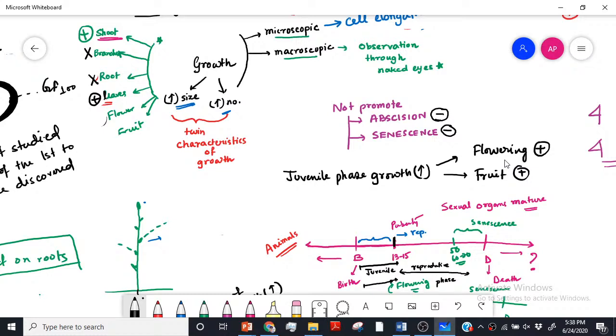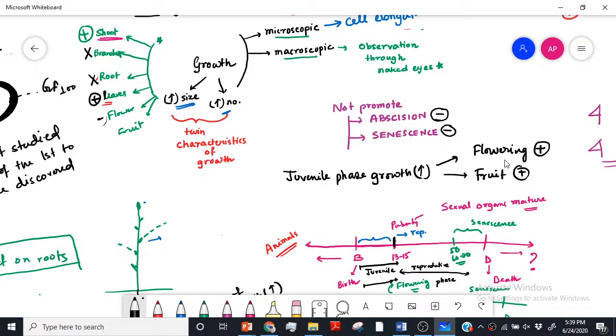Flowering means puberty for plants basically. So if growth is enhanced, then flowering will be promoted, and if flowering is promoted, fruit is basically what? After the sexual reproduction is done, whatever is left is the fruit. So if sexual maturity is attained, then they will do sexual reproduction, and then they will produce fruit.